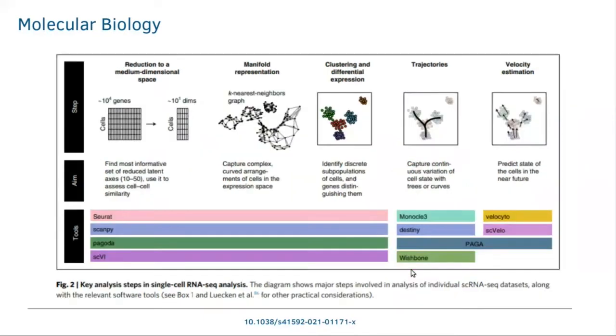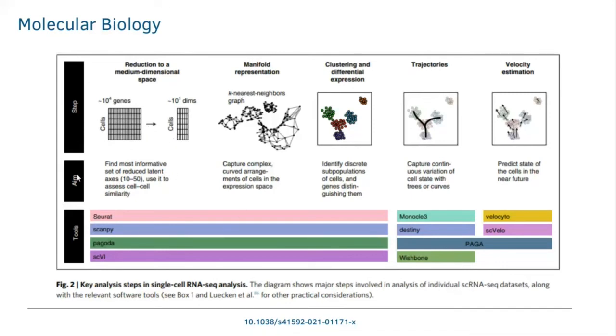So you end up with a very, very big matrix where for each cell you have a lot of genes. And t-SNE and UMAP are really used on this crucial step, trying to reduce this into something more manageable, more tangible, something you can actually use so you can understand what's going on in this experiment.